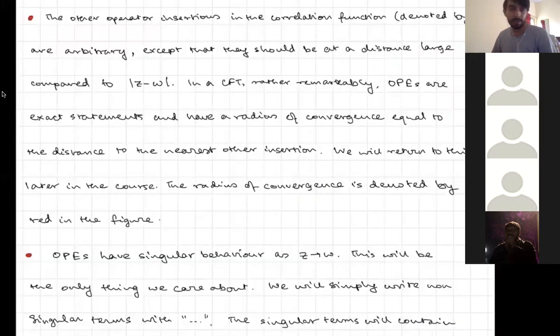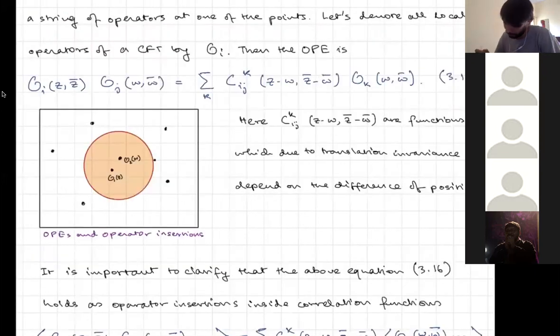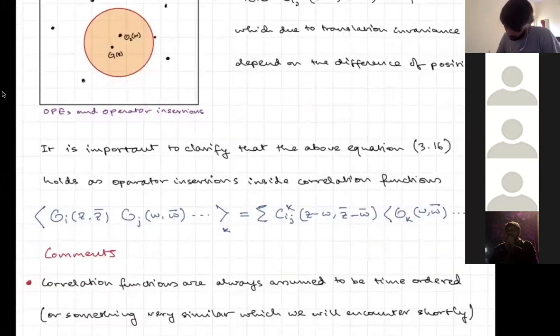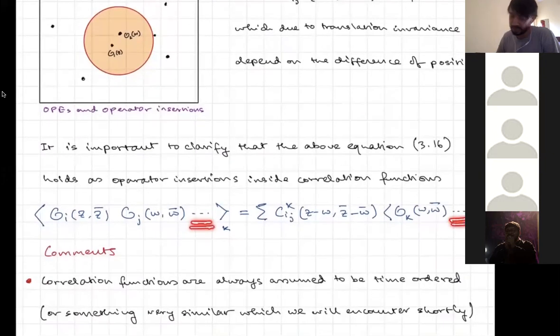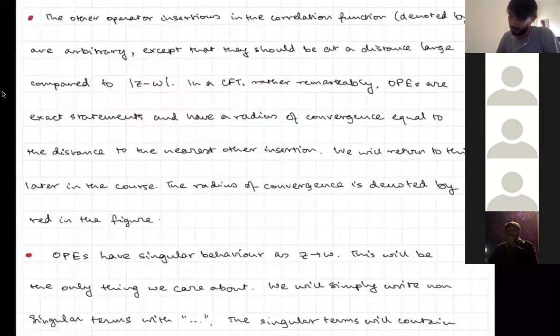Another thing is that the other operator insertions inside this n-point function, denoted by these dots, are arbitrary, except that they should be at distances which are large compared to z minus ω. As long as those distances are large, the rest of the things will not matter.